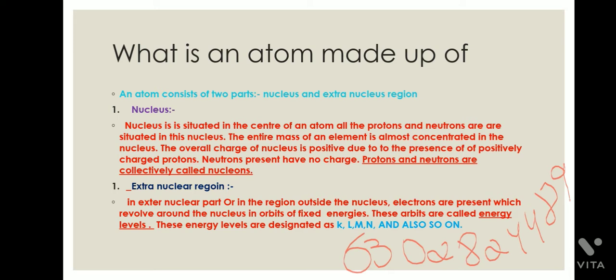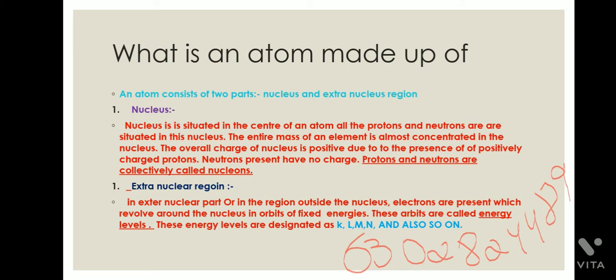Now the extranuclear region. In the extranuclear part, or the region outside the nucleus, electrons are present which revolve around the nucleus in orbits of fixed energies. These orbits are called energy levels. These energy levels are designated as K, L, M, N and so on.